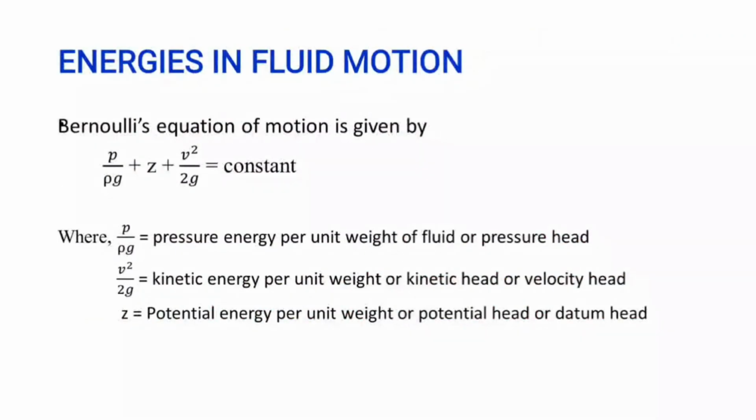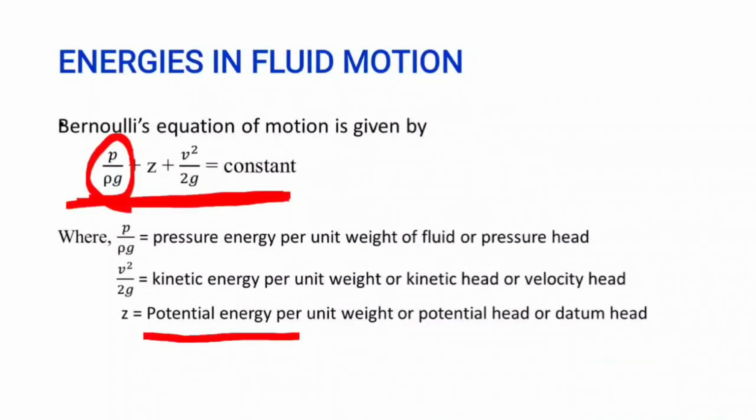Next, energies in fluid motion. Bernoulli's equation of motion is given by, from the last slide, p/ρg + z + v²/2g = constant. This is the Bernoulli's equation of motion. p/ρg is called as pressure energy per unit weight of the fluid or pressure head. z is called as potential energy per unit weight or potential head or datum head. v²/2g is called as kinetic energy per unit weight or kinetic head or velocity head. These are all energies only.